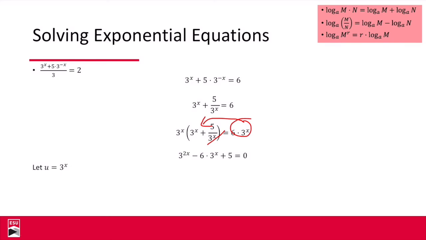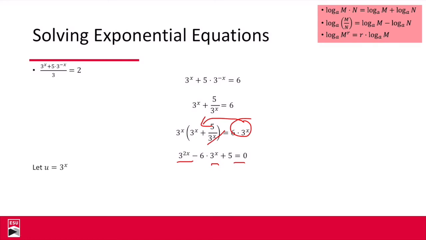And now, to solve this, we're going to have to do one of our substitutions. So remember back when we were solving equations that were quadratic in form? And why I saw this was I saw a 3 to the 2x, let me get my pen, a 3 to the 2x and a 3 to the x, and then this one didn't have a 3 to the x term.